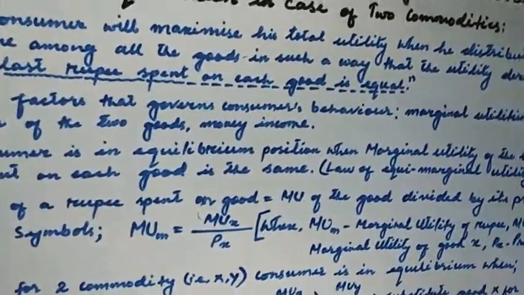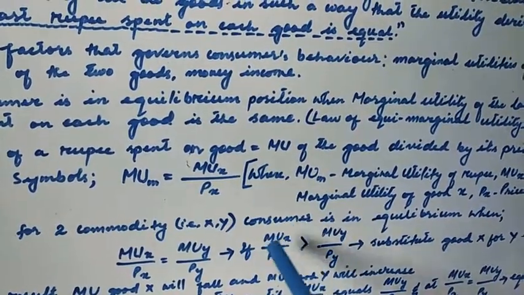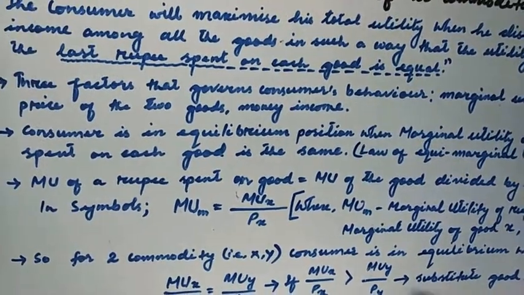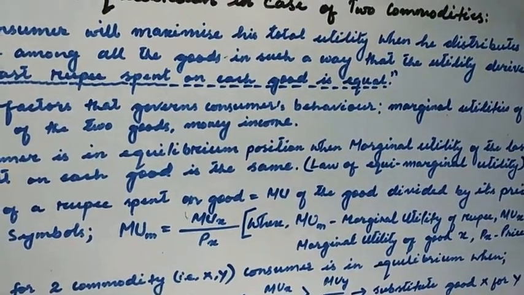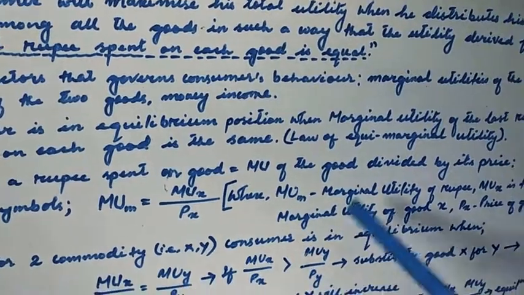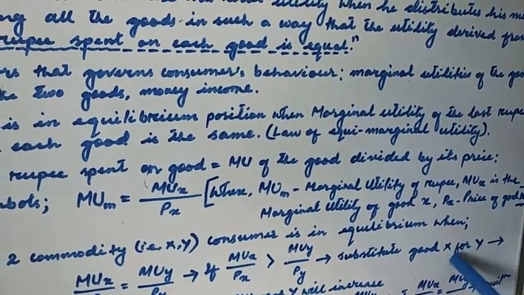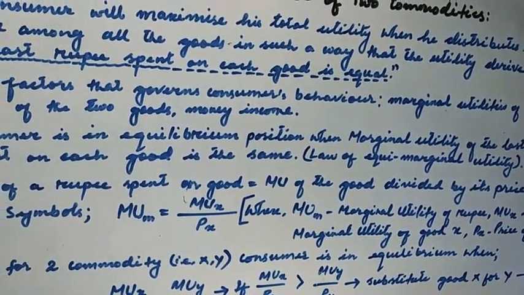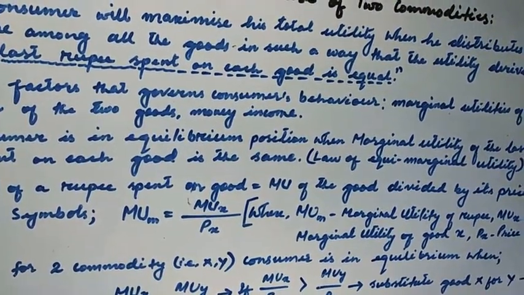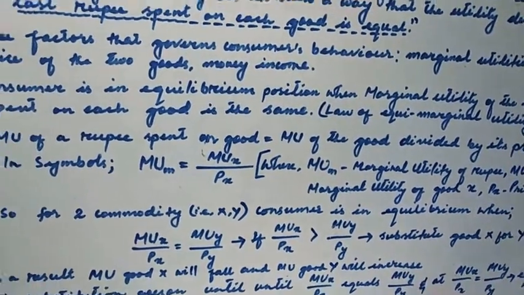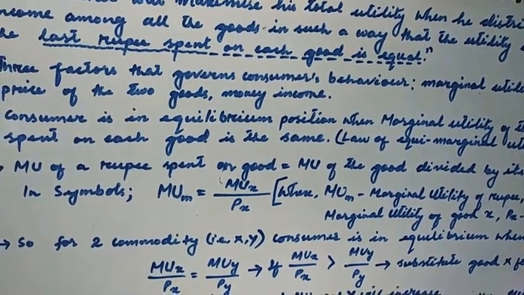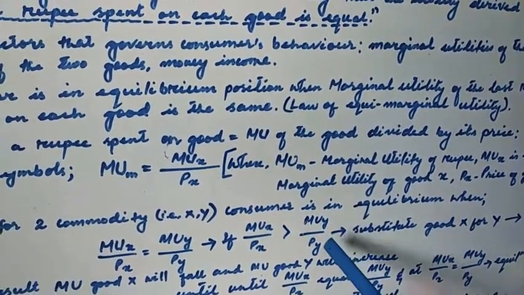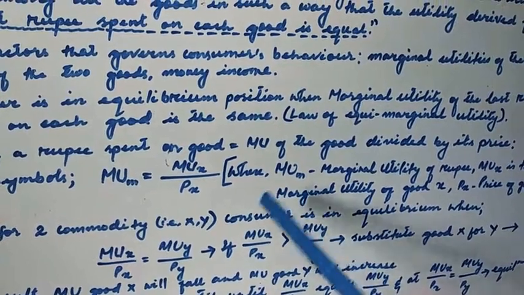Now if MUX/PX is greater than MUY/PY, what will happen? Then the consumer will substitute good X for good Y until MUX/PX becomes equal to MUY/PY. What are we trying to say here? When MUX/PX is greater than MUY/PY, they are not in equilibrium.